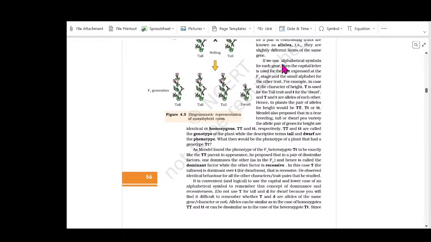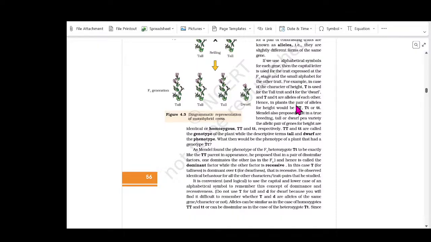If we use alphabetical symbols for each gene, then the capital letter is used for the trait expressed at the F1 stage and the small letter for the other trait. For example, in the case of the character for height, capital T is used for the tall trait and small t for the dwarf. Capital T and small t are alleles of each other.